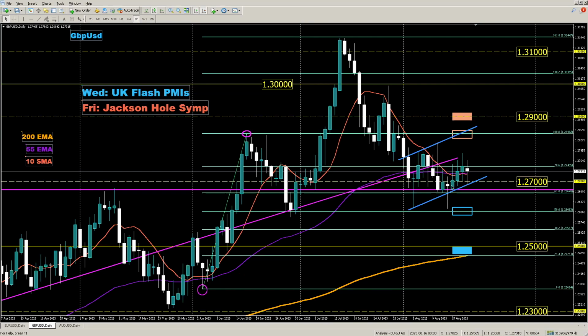So it's still finding support and climbing up above the 127 round figure. Let's see if it's able to climb and find its way back above this trend line. It needs to climb up towards the previous swing high at 128.48, and the next major resistance zone at the 129 round figure.